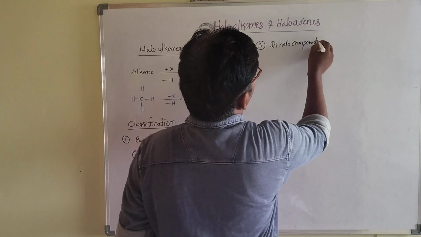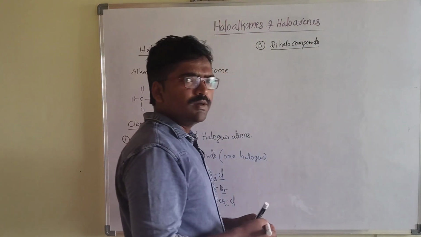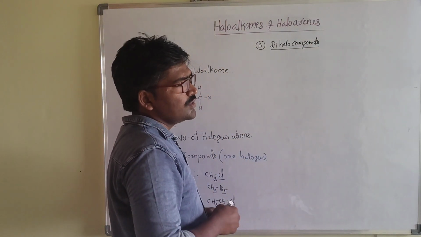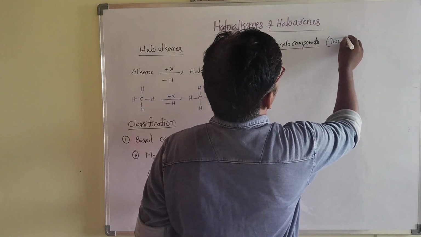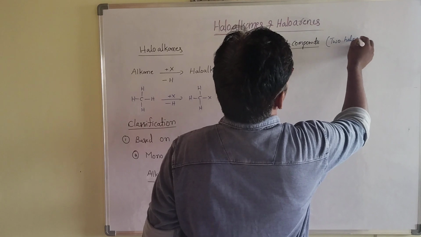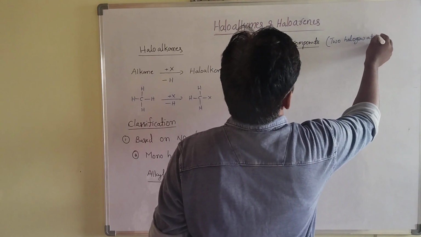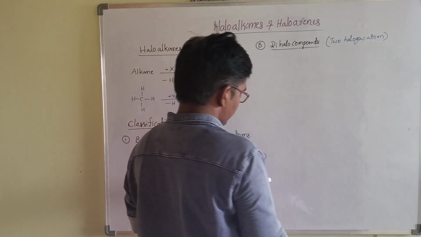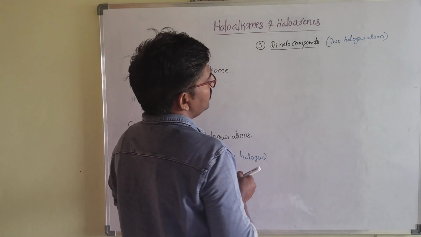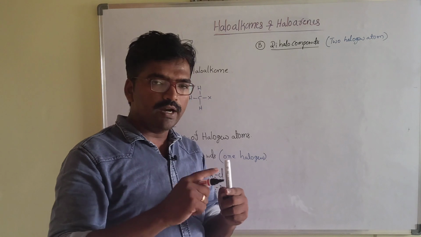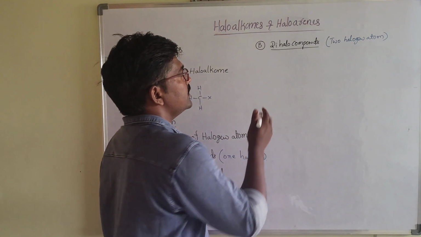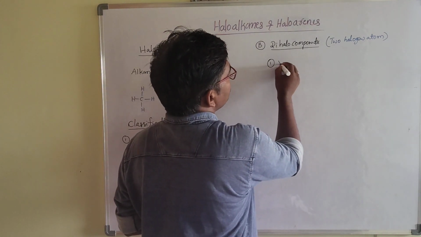What are dihalo compounds? We know that in the name itself it is there: 2 halogen atoms are present. These dihalo compounds we can again divide into 2 types. One is vicinal dihalides.